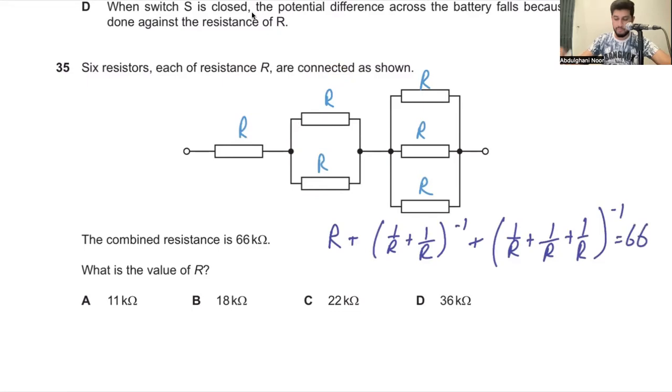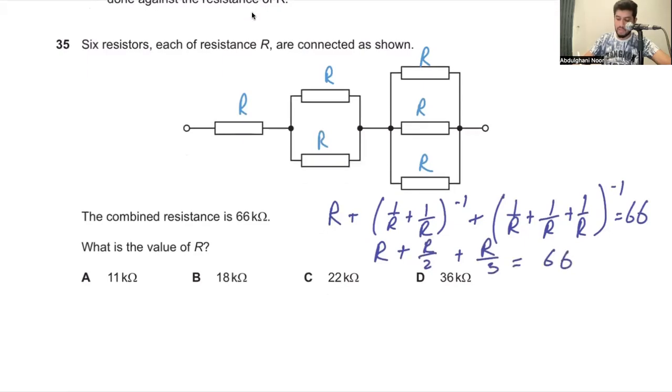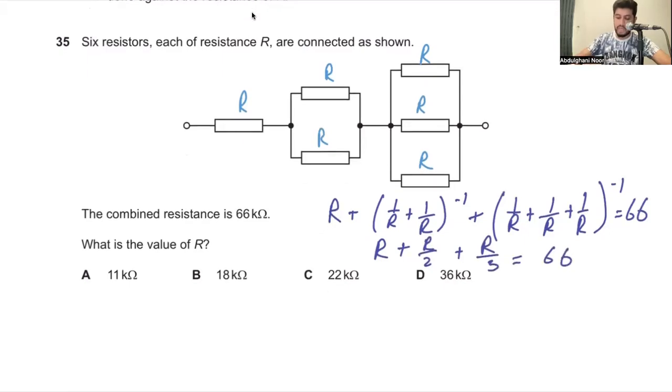They've told us that. So this becomes R plus R upon 2 plus R upon 3 is equal to 66. You take the LCM, which comes out to be 6.